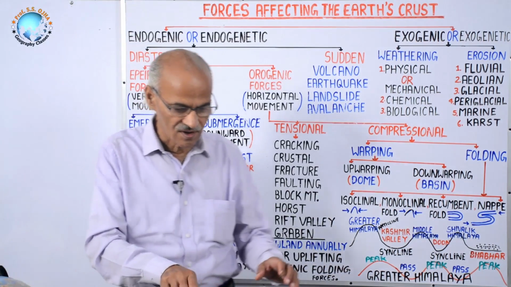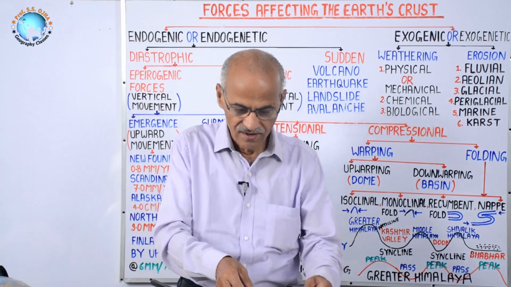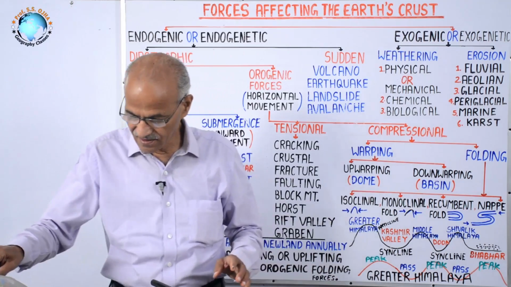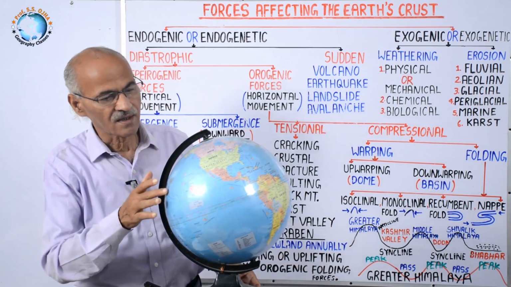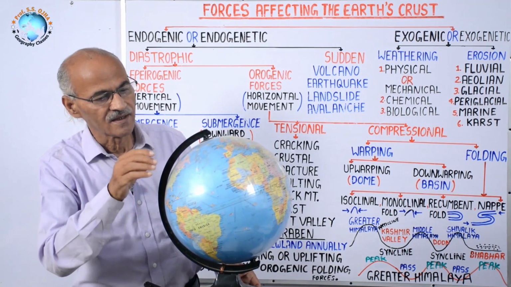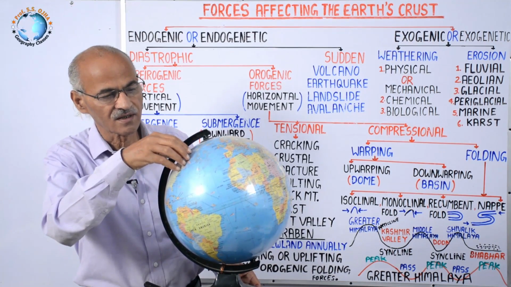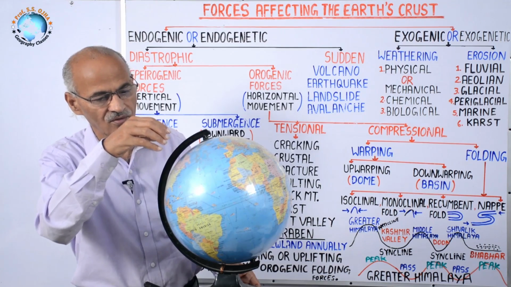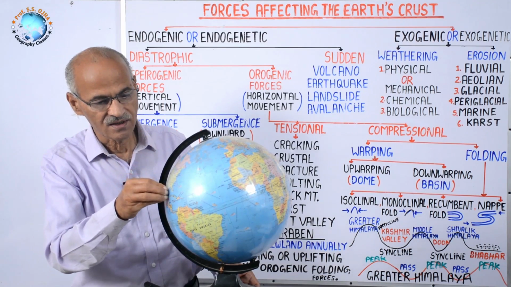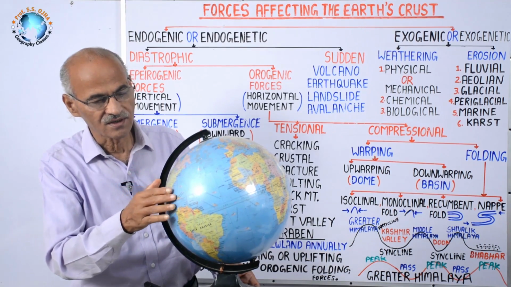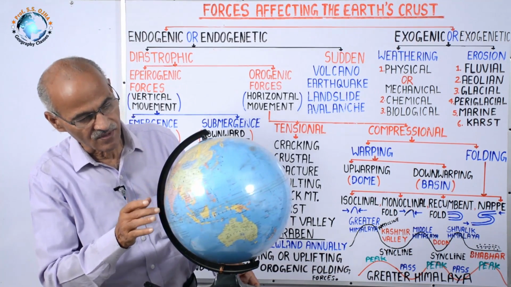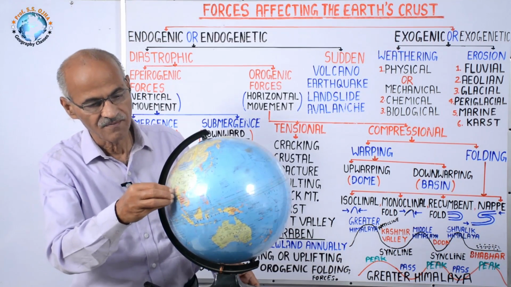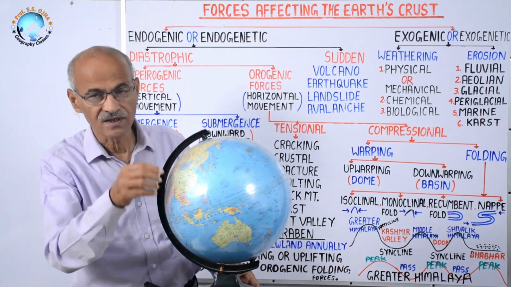For example, the eastern part of North America is going up, while the southern part is going down. In the same way, in India, the eastern part, the Bay of Bengal, is submerging.